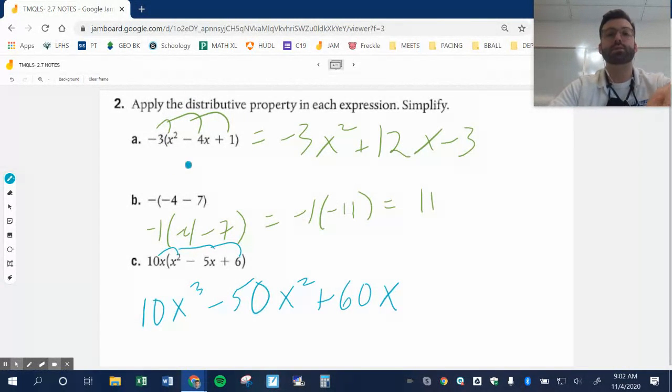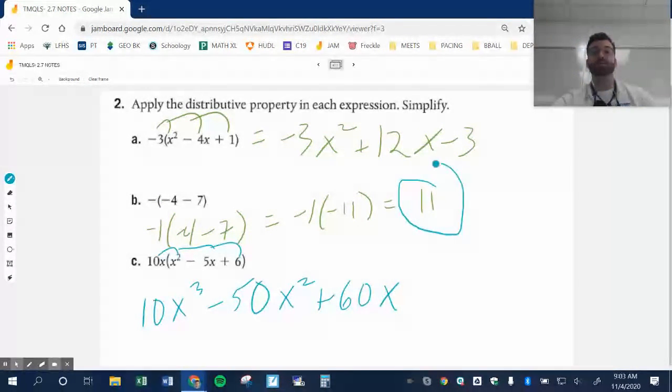All right, so here's what I got. Distributing that -3, I got -3x squared plus 12x minus 3. Distributing a -1, I chose to add what was inside the parentheses first, I think that's easier. So I did -4 minus 11 to get -11. And remember, if I have a negative attached to a parentheses like this, that's really a -1 that I need to distribute, and I need to multiply to get positive 11.